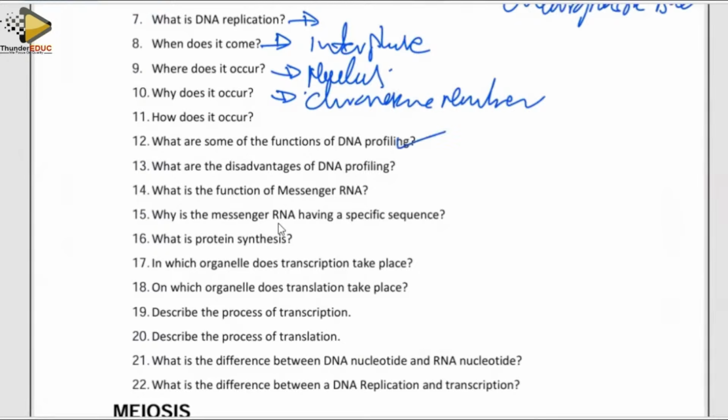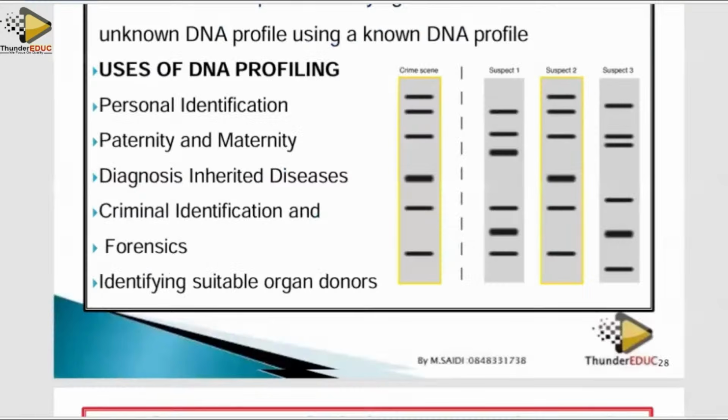That is DNA profiling. What are the disadvantages? Sometimes you call them debates. What are the debates about DNA profiling? Number one, it is very expensive. Number two, it might not be 100% correct due to human errors.